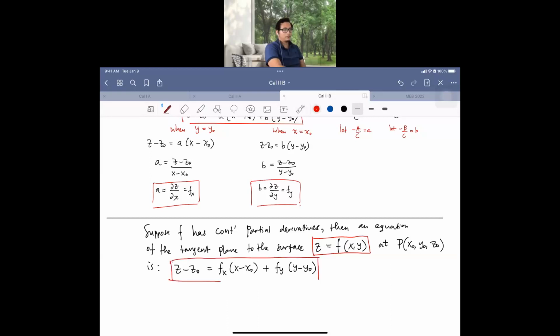So we can write down the equation using the partial x and partial y in front of the x minus x0 and y minus y0.